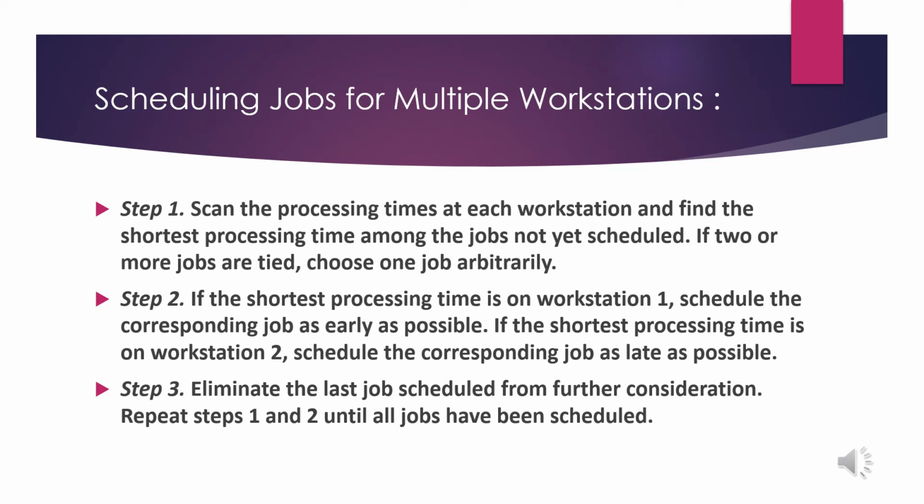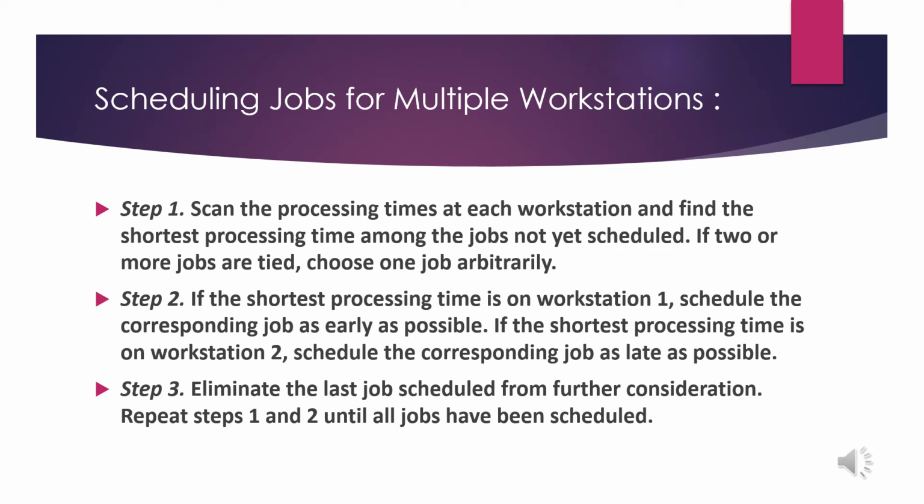Assume a flow shop which has several jobs ready for processing at 2 workstations, and the routing of the jobs is identical. Determining a production sequence for a group of jobs to minimize the makespan has two advantages.